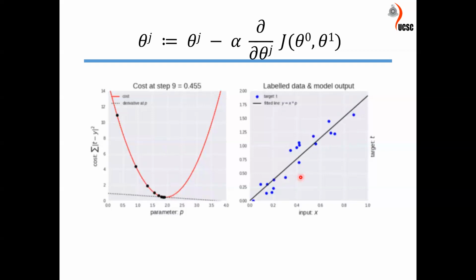In here, if you consider this part, this is our hypothesis. The hypothesis is generated depending on the cost function. So when the cost function becomes minimum, at that point we will get the most fitted hypothesis or the target function.